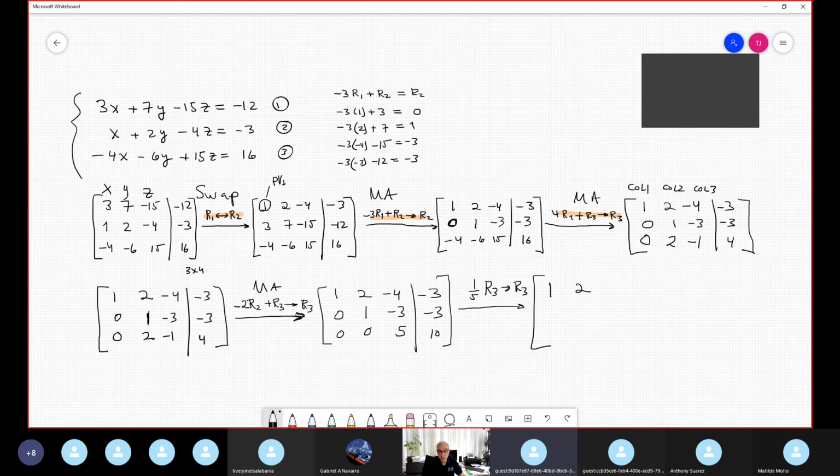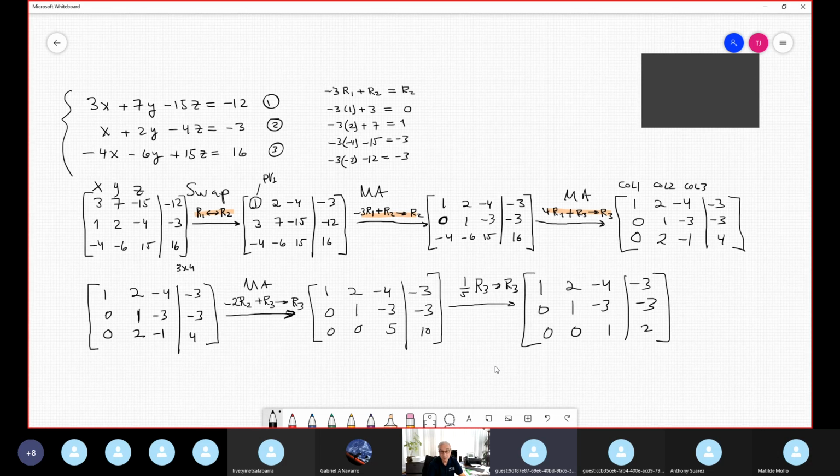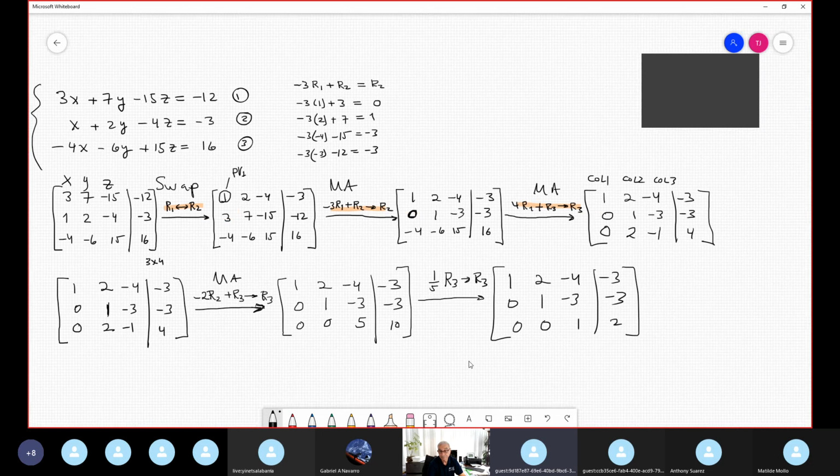Rows 1 and 2 stay the same, but row 3 changes: 0, 0, 1, and 2. Do you see that? Because 5 divided by 5 is 1, and 10 divided by 5 is 2.